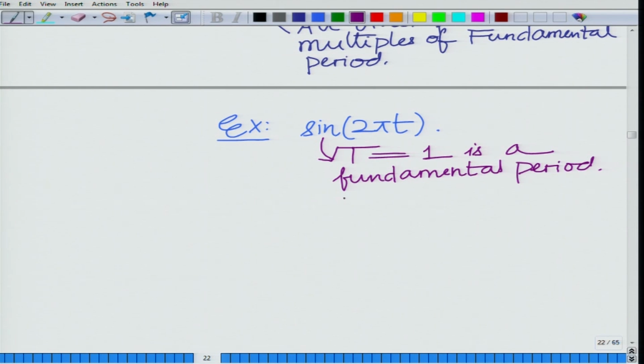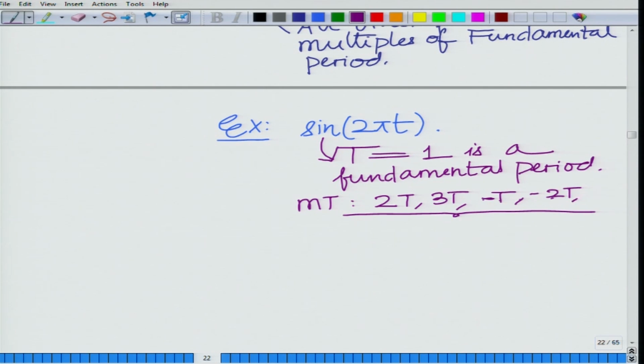Okay. And therefore, it follows that any mT, such as 2T, 3T, etc., are also periods, and in fact, for that matter also minus T, minus 2T and so on are also valid periods.